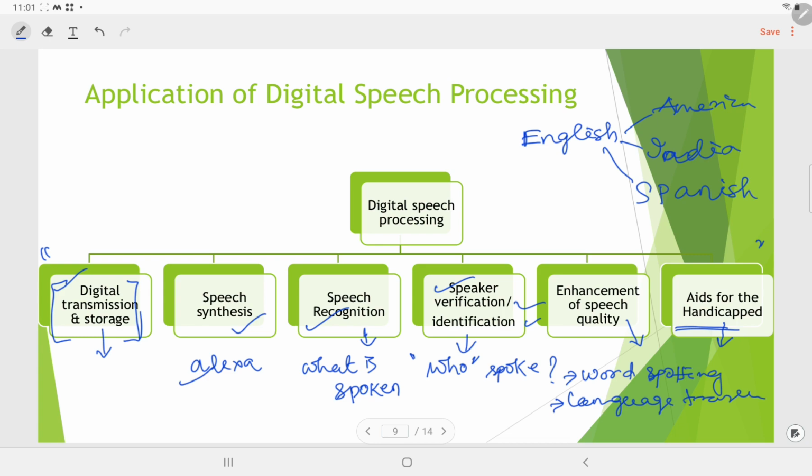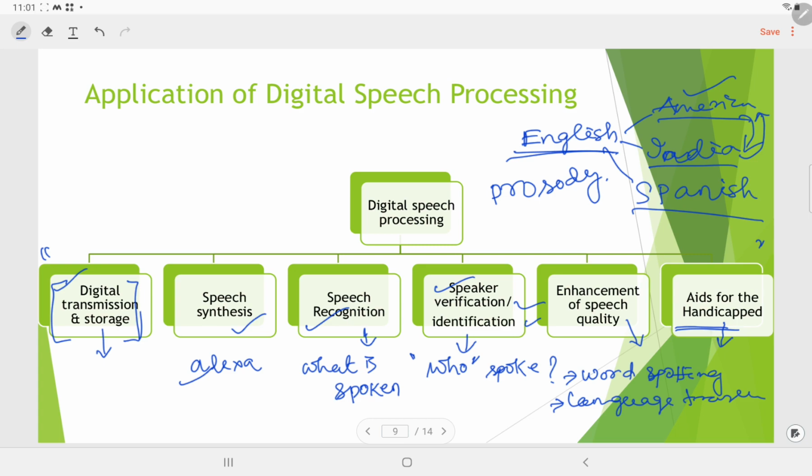So, you will be able to distinguish between the different accents of the same English sentence. Okay. So, many algorithms have been developed to convert American English to Indian English or Indian English to American English. That work has already been done, and people are still working on it. So, this will come under speech prosody.